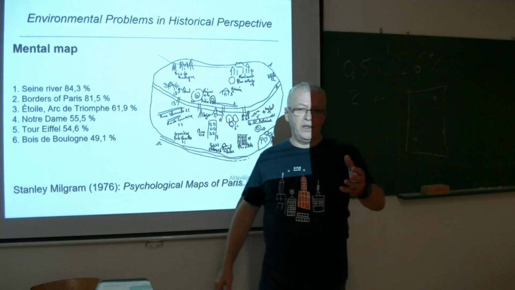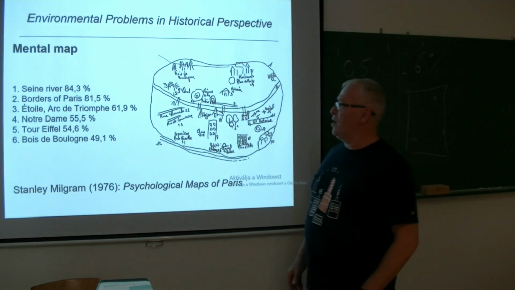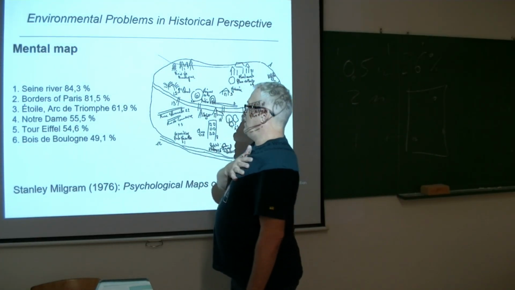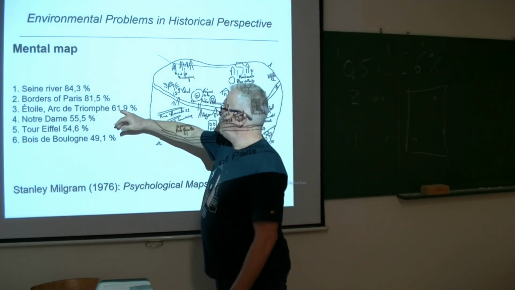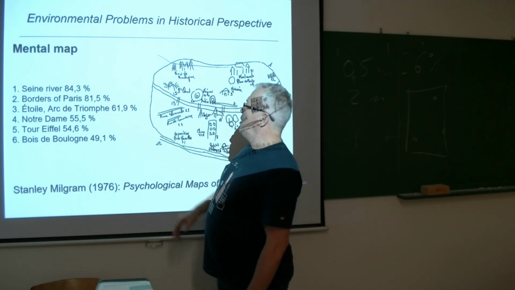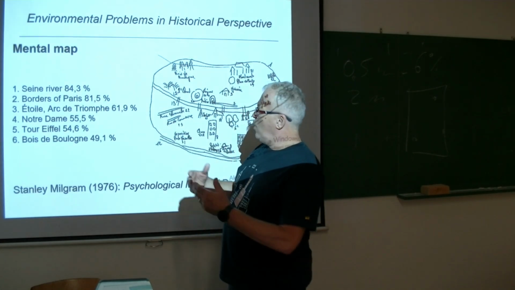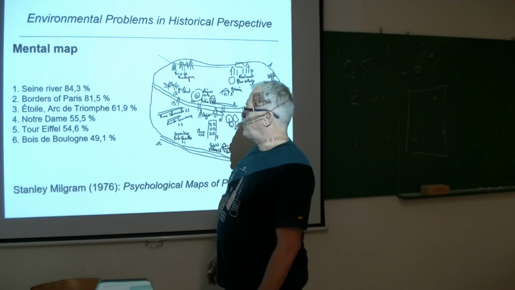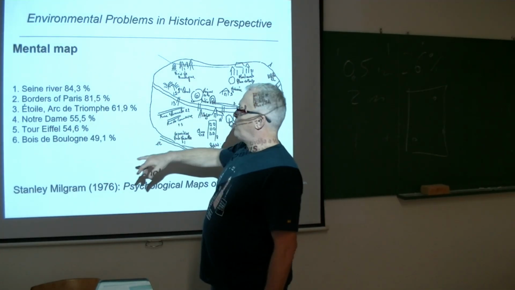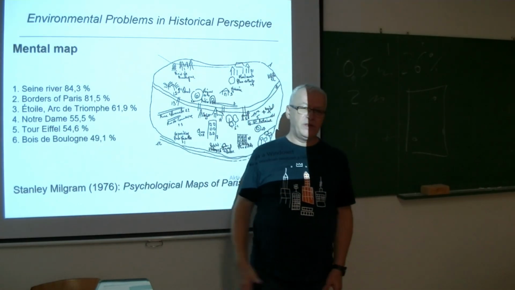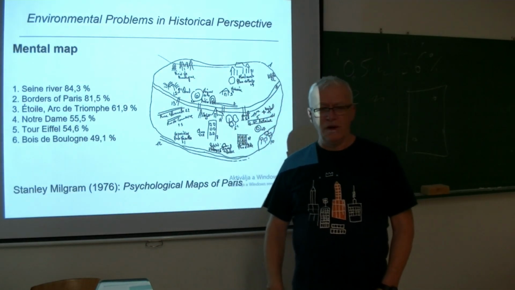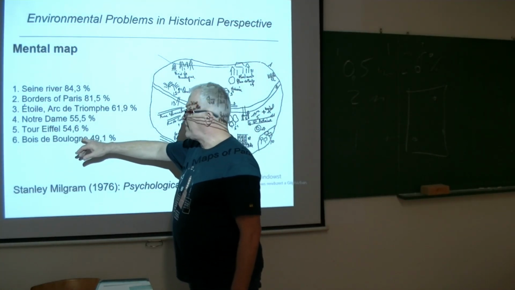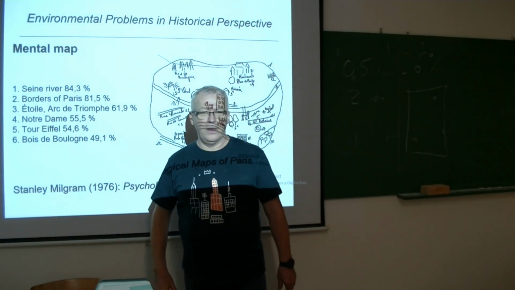It's constructed by Napoleon at the end of Champs-Élysées, and a little bit more than 60% of people who participated in the experiment drew it in the right place. Notre Dame, recently reconstructed after the disaster, and the Tour Eiffel, and the sixth one, Bois de Boulogne.